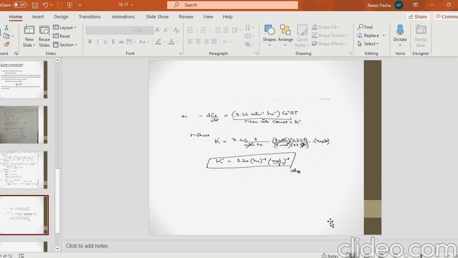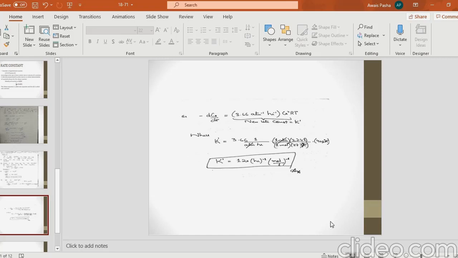Now the new rate constant K can be written as 3.66 1 over atmosphere hour, 1 atmosphere per mole, and we know that 22.4 liter by 273 Kelvin multiplied by 400 Kelvin.